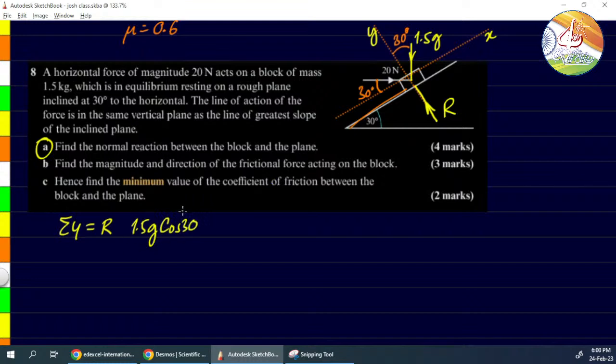Positive or negative? Negative, good. What else? And then 20 sin 30. Positive or negative? Is it positive or negative?